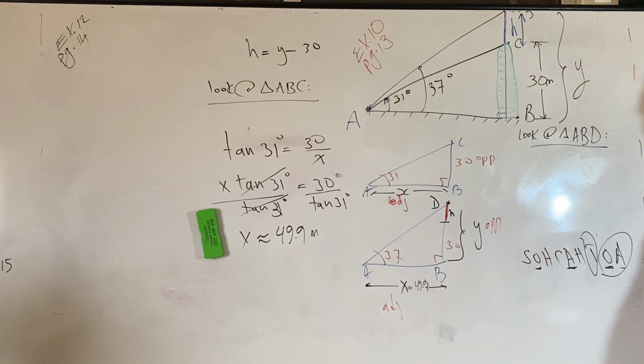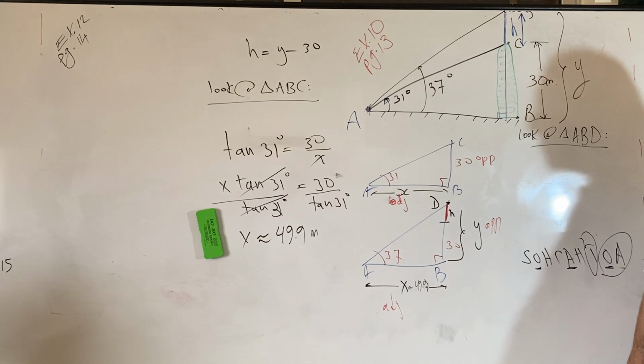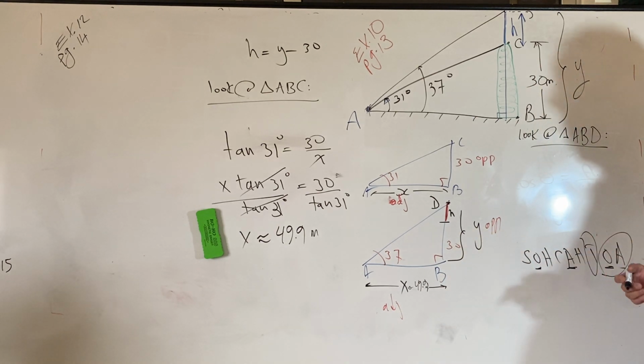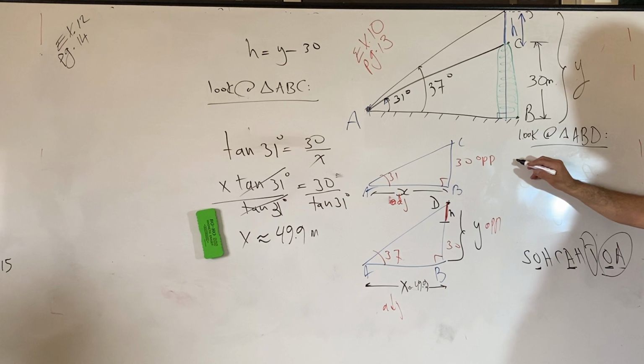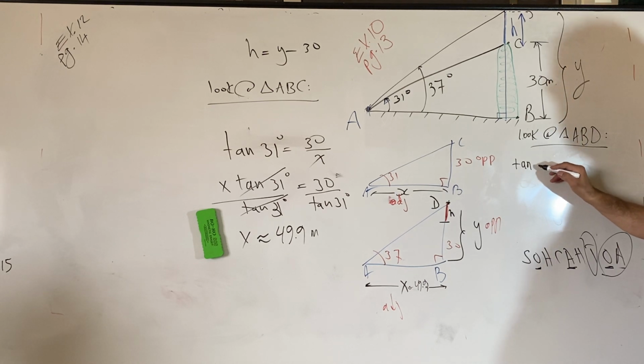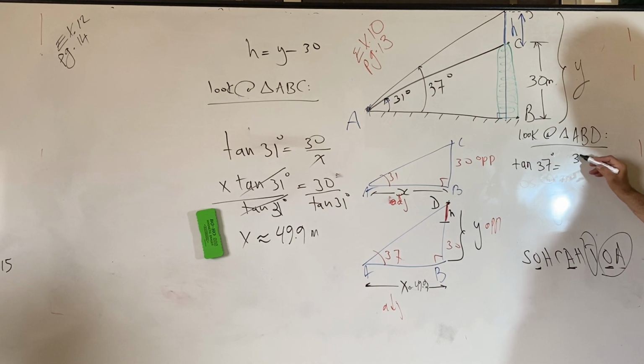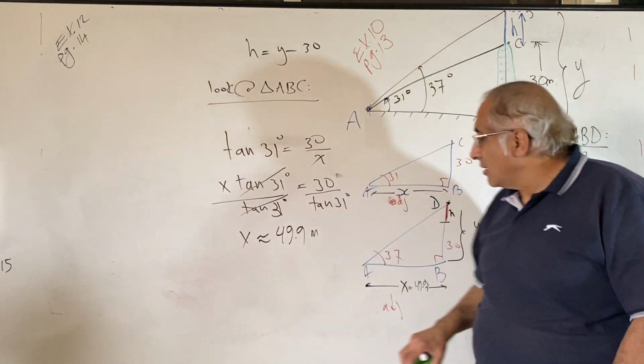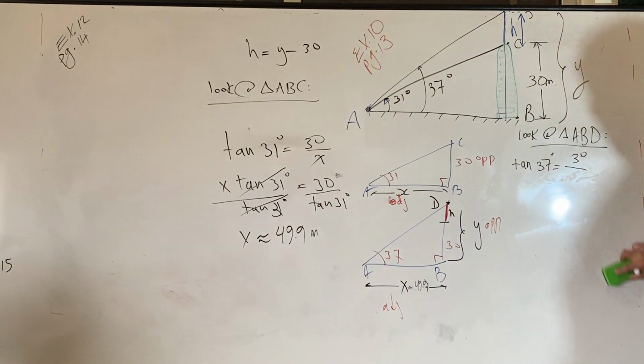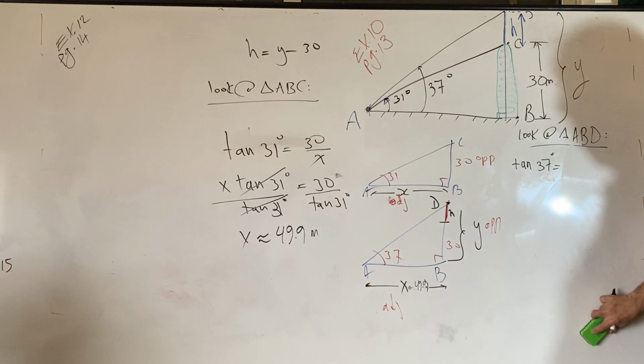Now, what relates opposite? The same again. Do you mean that every question I have to use sine, cosine, tan? No. You're lucky. So, ladies and gentlemen, if I use the tangent again, tangent of 37 degrees is the opposite over the adjacent. Actually, the opposite is y. Let me clean that one. It looks messy.